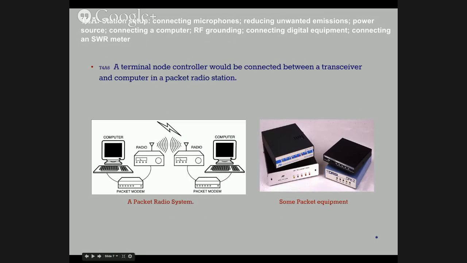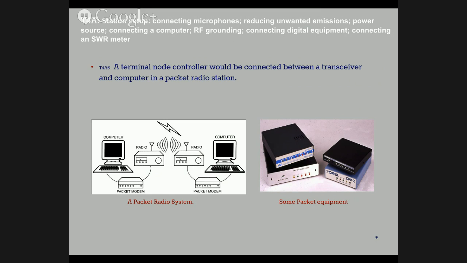When we are talking about digital modes, the device which interfaces a computer to a radio is called a TNC, or a terminal node controller. TNC handles. They used to handle everything. You used to be able to hook up just a dumb terminal into a TNC, or a packet modem, and they were pretty clever.